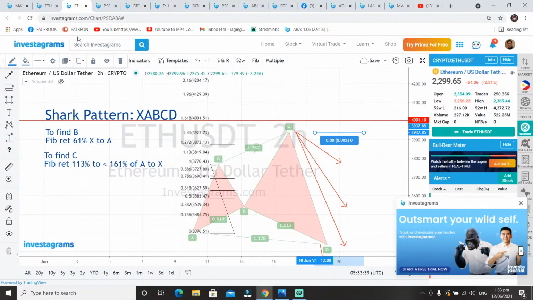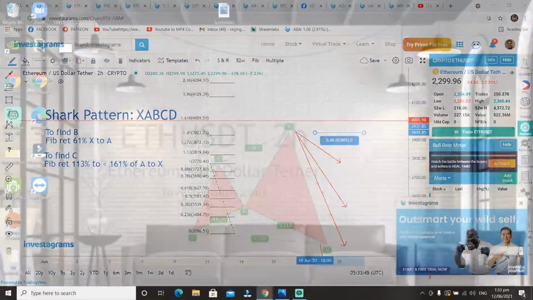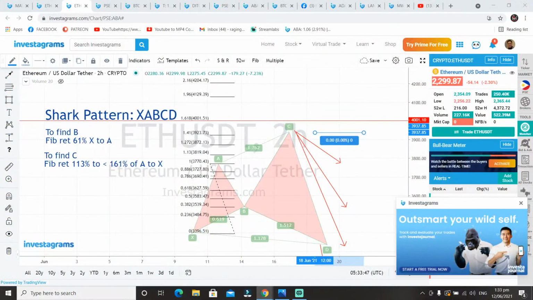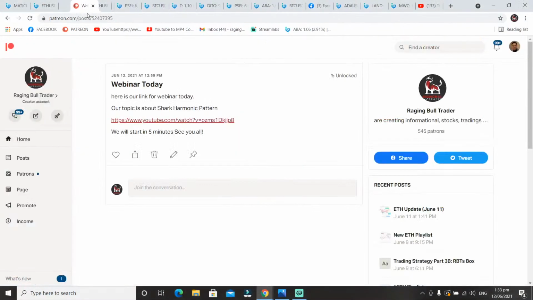For those of you who don't know yet, this is our training course on technical analysis, because that's more important than this one, because this is actually very easy. Anybody can plot this, but understanding what's happening along the way as it forms the pattern is more important for you to interpret what's happening.